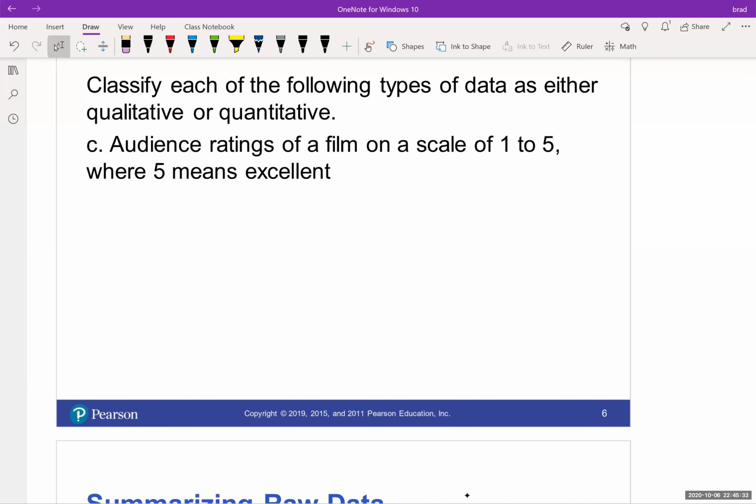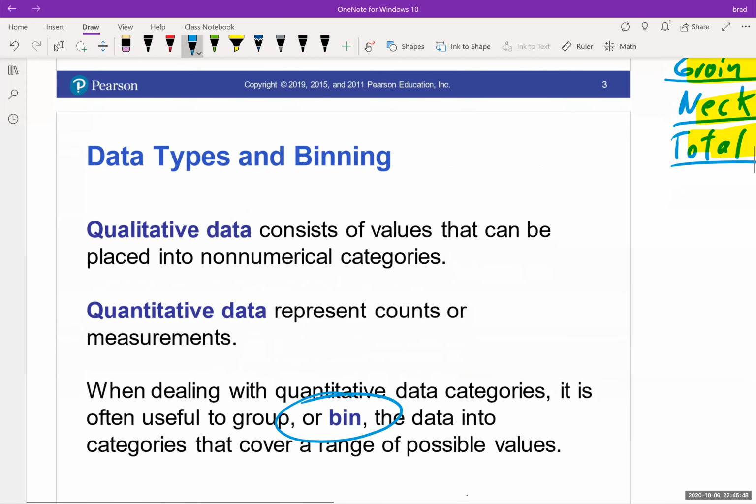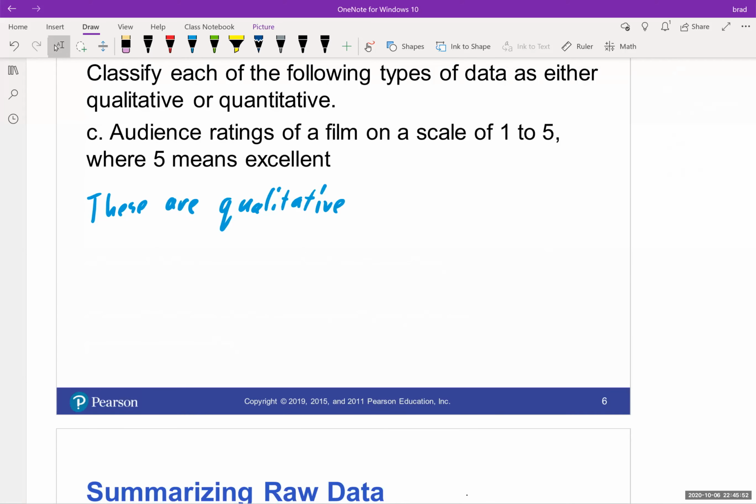So these are, I would lean more towards, qualitative values. So we go up here and it says qualitative values consist of values that can be placed in non-numerical categories. So even though 1, 2, 3, 4, and 5 are technically numbers, it's not the numbers themselves. It's what does a 5-star rating represent? It's an opinion, right, of good or bad movie, okay?